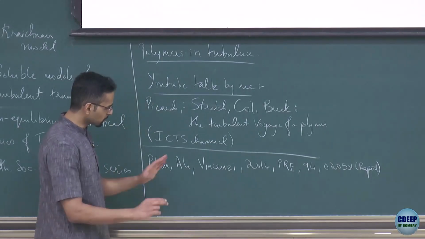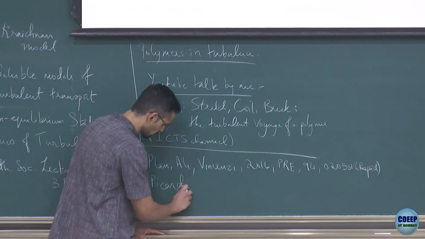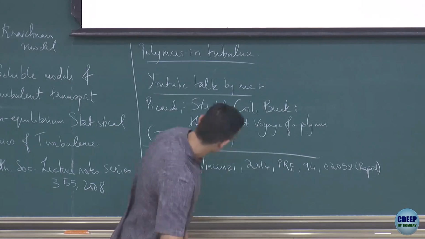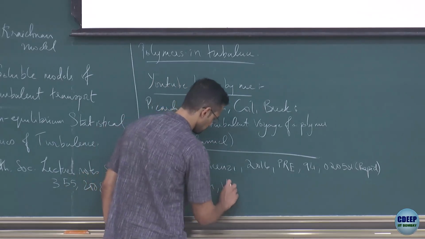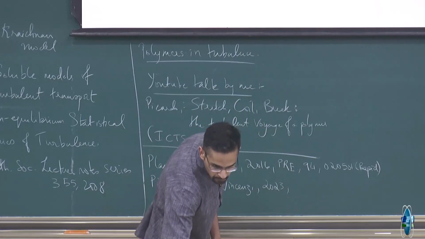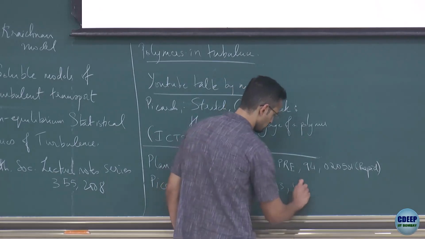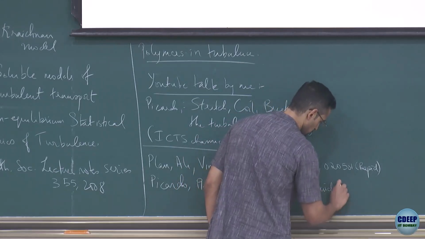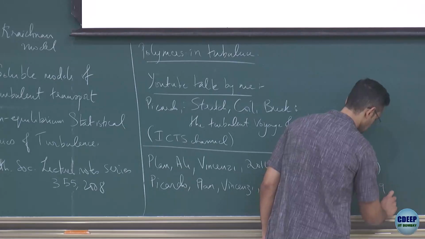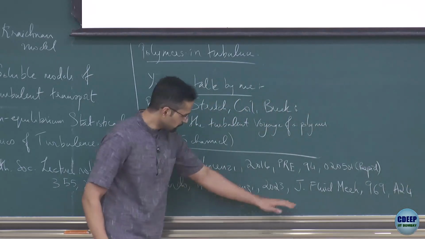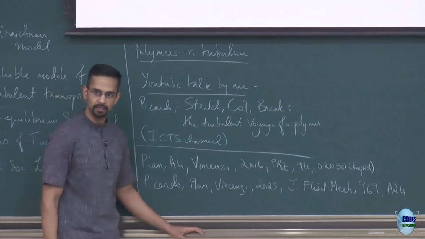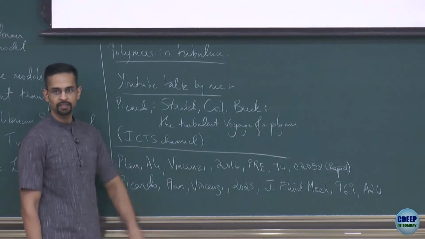And then for a more specific case of polymers with an overview of the literature, you can look at this paper in JFM, which again looks at polymers and different aspects using the same model, but compares it also to direct numerical simulations in turbulence, and shows that the Kraichnan model works quite well even to predict the stretching of polymers.